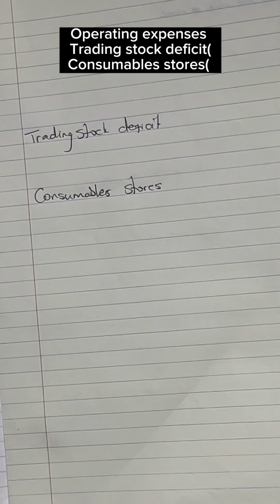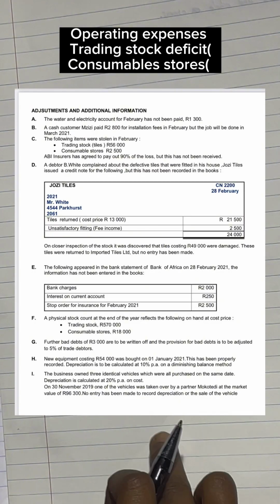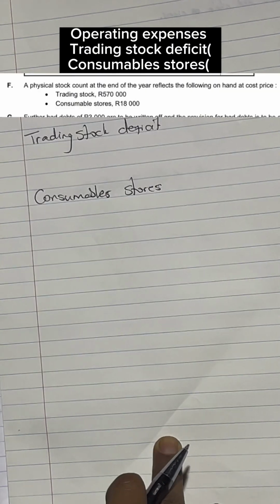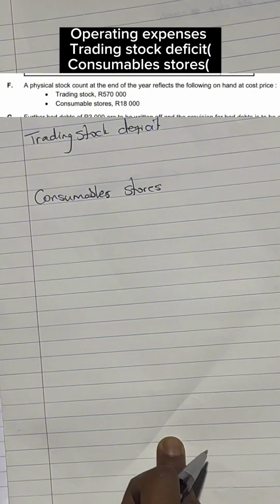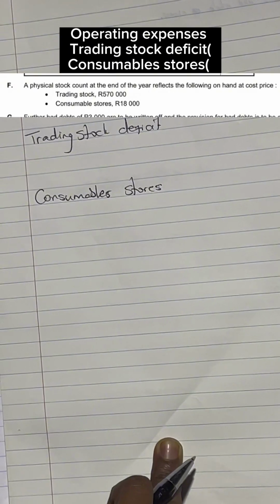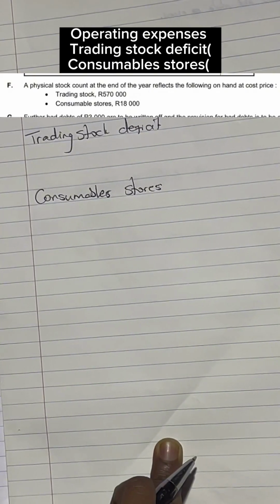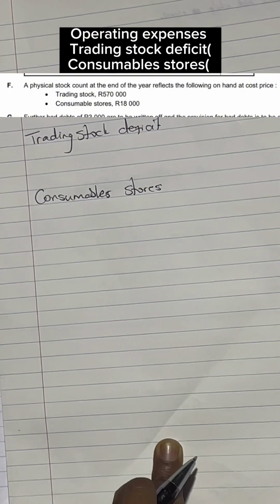So let's take a look at information F, adjustments and additional information. A physical stock count at the end of the year reflects the following on hand at cost price: trading stock 570,000, consumable stores 18,000.